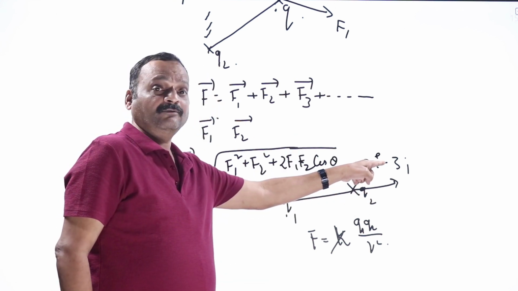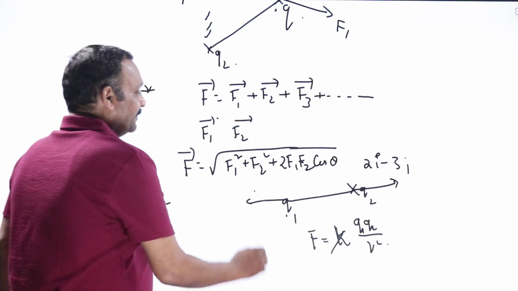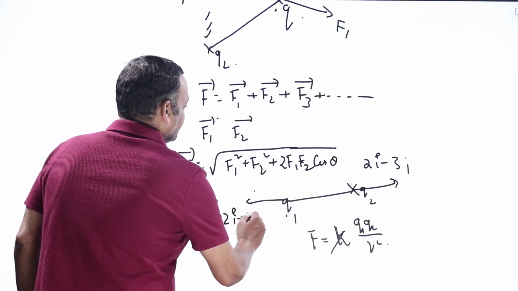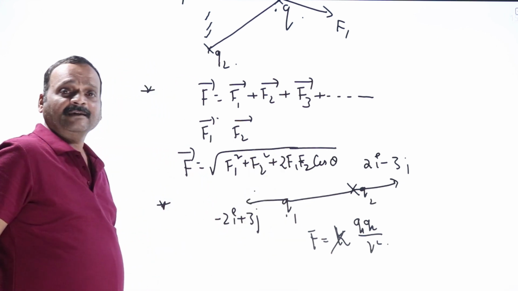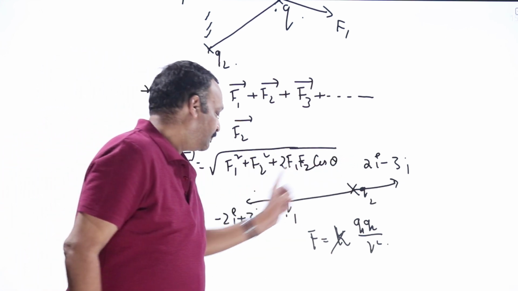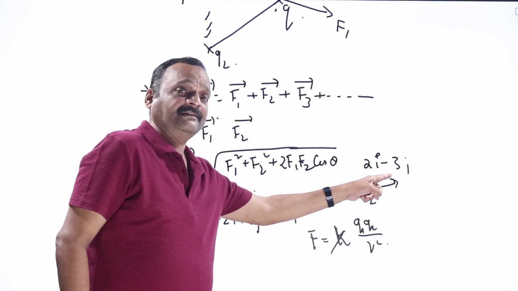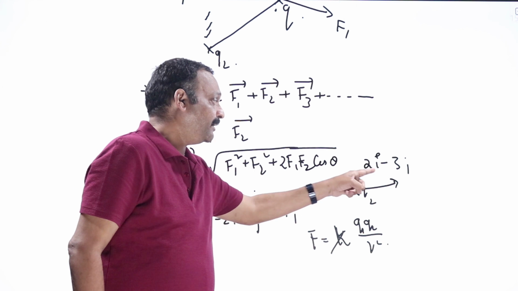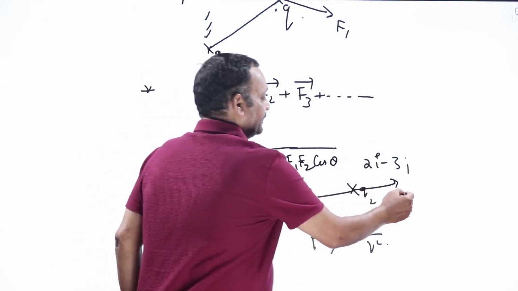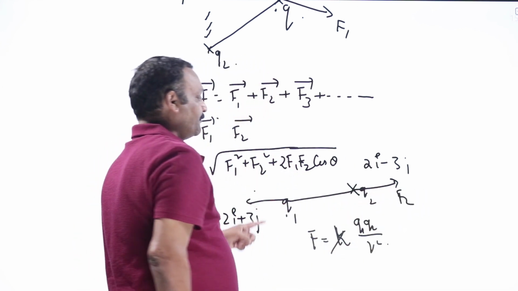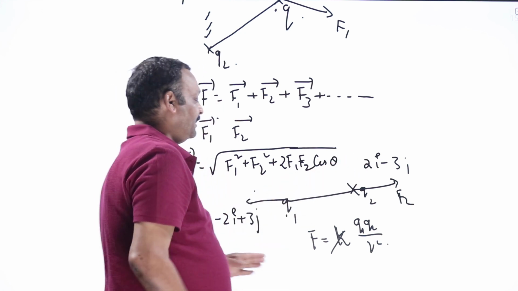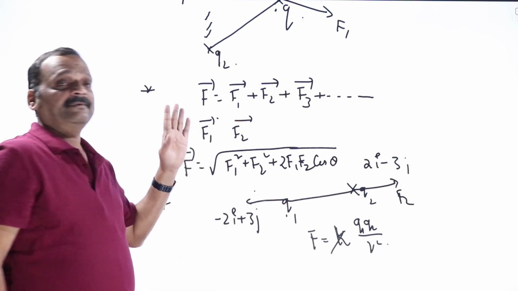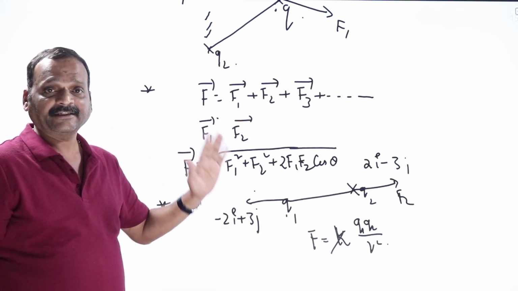It should be equal and opposite, that is, the force experienced by this charge will be minus 2i plus 3j. This force is exactly in the opposite direction and equal in magnitude. If the force on q2 because of q1 is 2i minus 3j, the force on q1 because of q2 will be minus 2i plus 3j. This is the meaning of an action reaction pair.